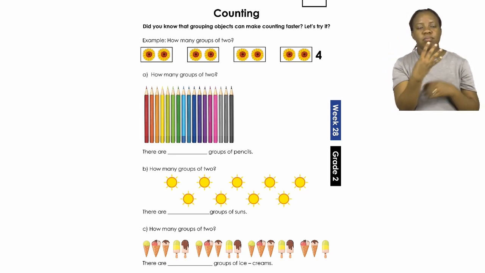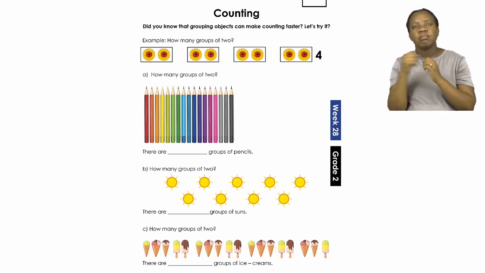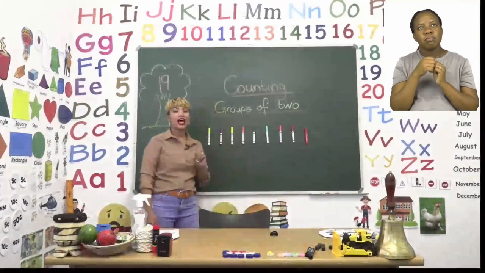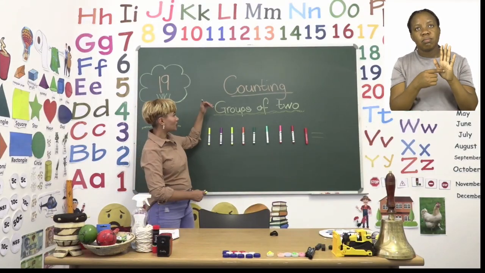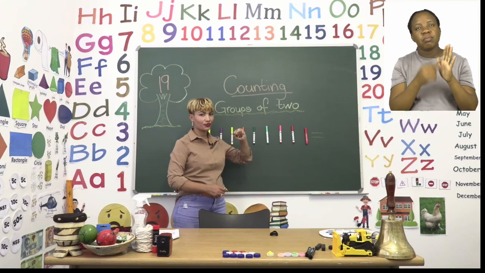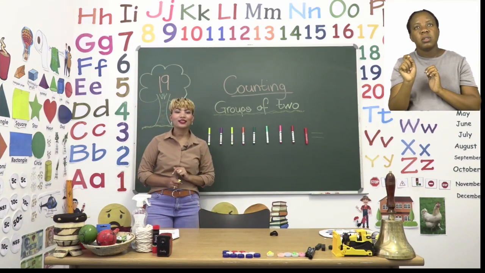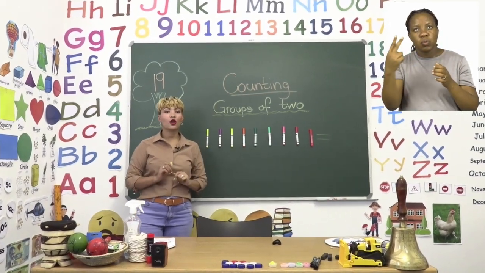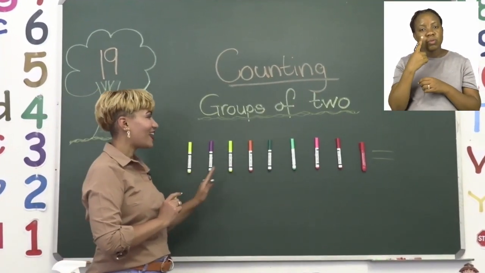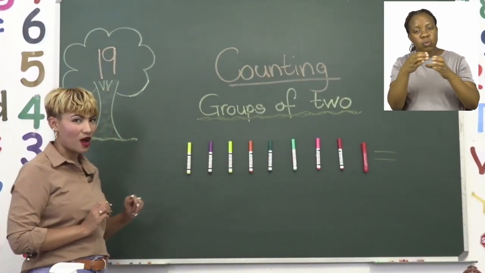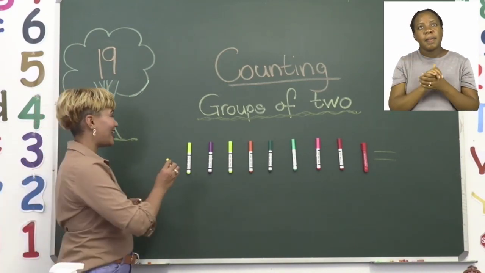Now on the board, I have some markers that I want us to group in groups of 2. Can you help me to group all these markers so that we can see how many groups of 2 we can make of all these markers? All right, let's do it.